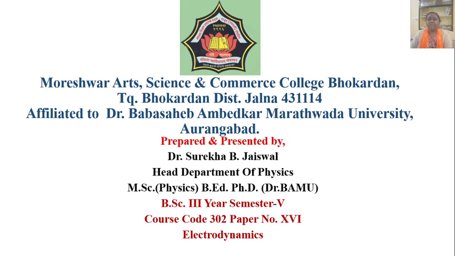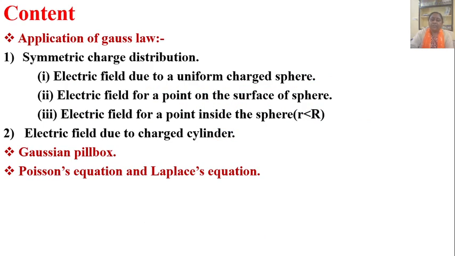Today we will see Electrodynamics, paper code number 302, paper number 16, semester 5. Now, application of Gauss law. First application, symmetric charge distribution. Contents are: first, electric field due to a uniform charged sphere.